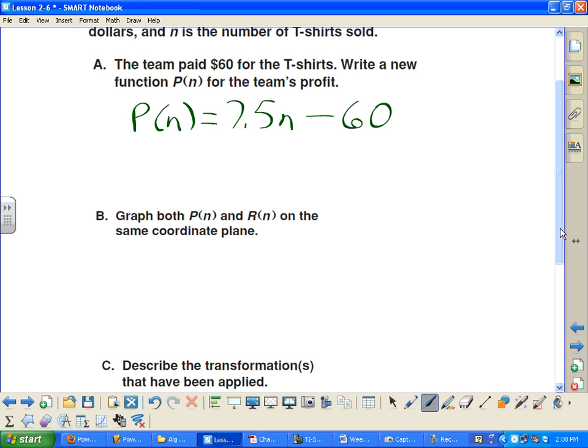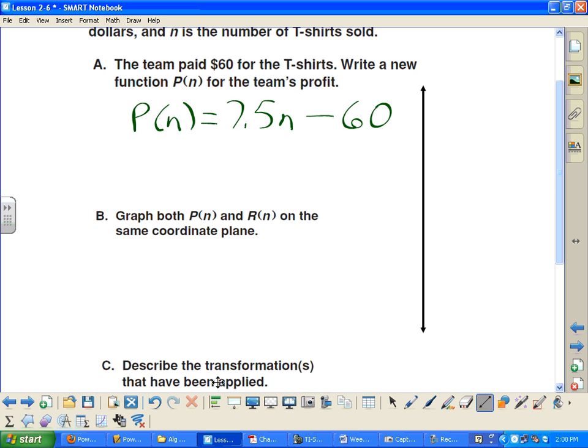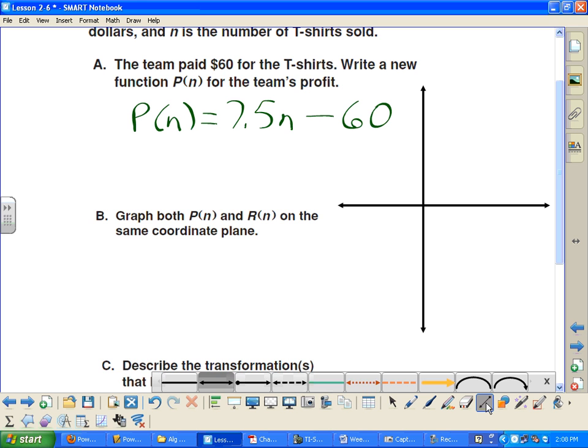Okay. All right. So it says graph them both on the same coordinate plane. All right. So we'll think about them and describe the transformation. What's the transformation that happened? If we graph them both, the first graph is going to be here, right?